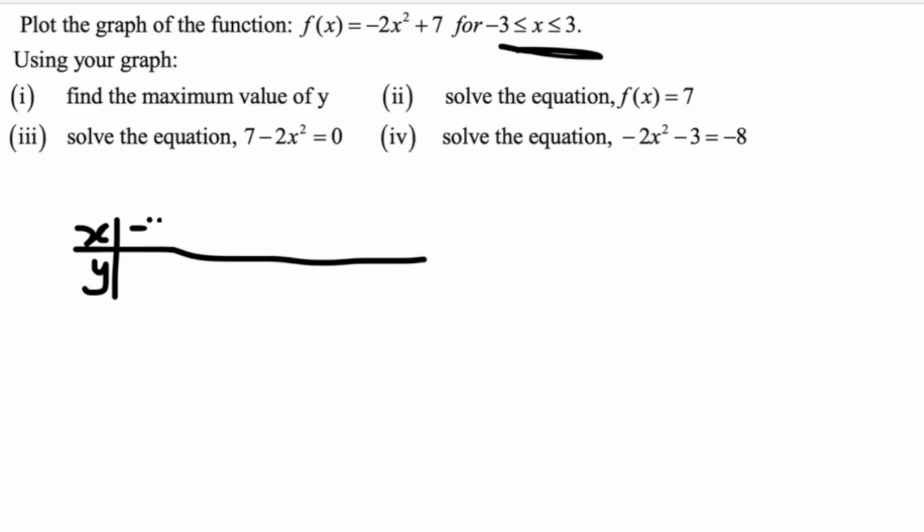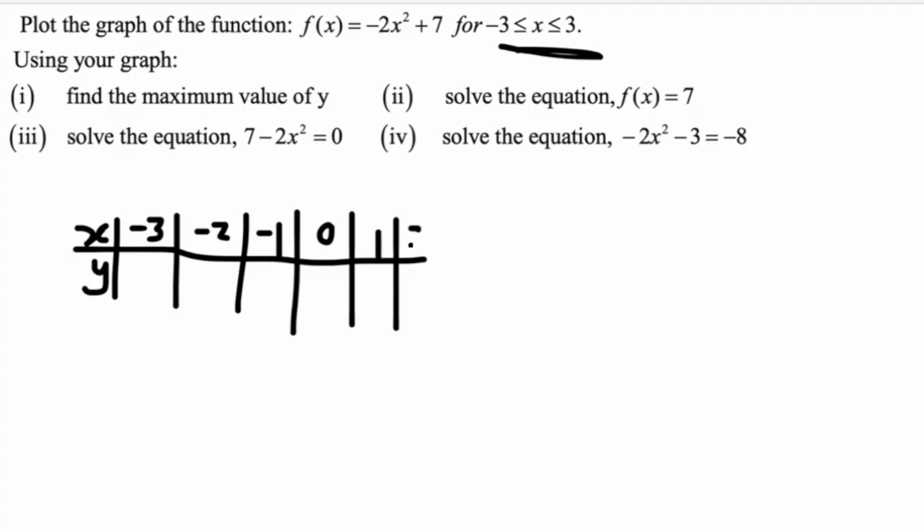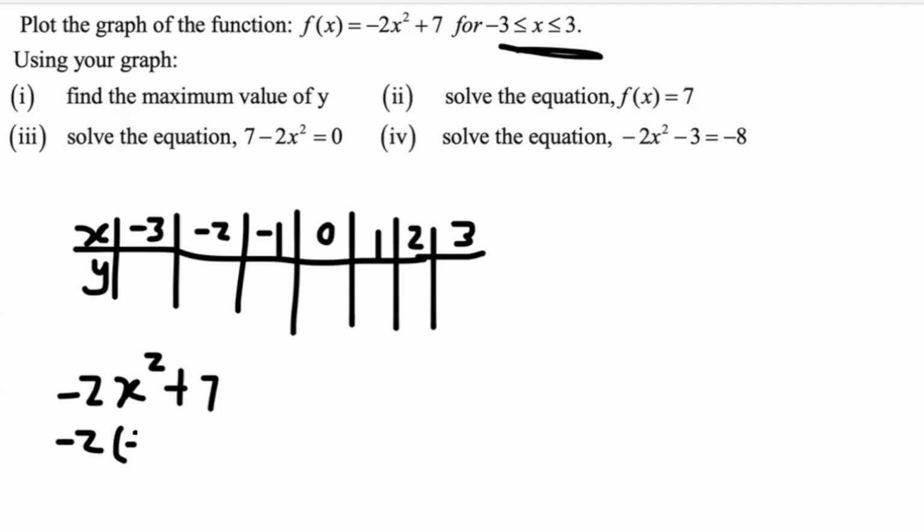So we have -3, we have -2, we have -1, 0, 1, 2, and 3. Now, if you have your calculator, you can use your calculator to calculate what the values are. So what we are going to do is replace x with -3. So we have -3 and we square it, plus 7.